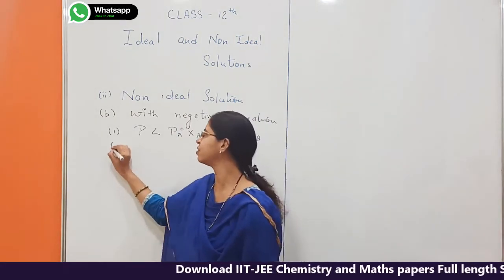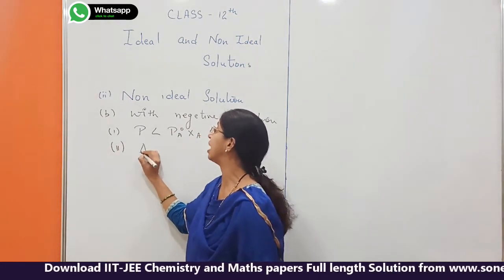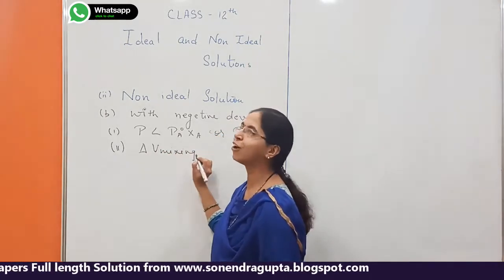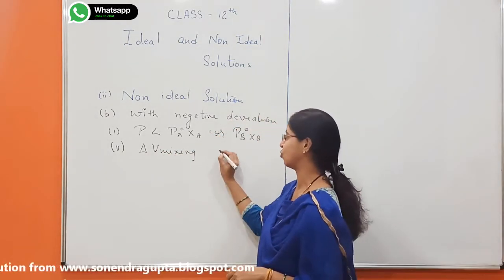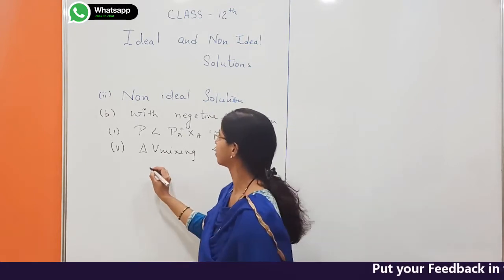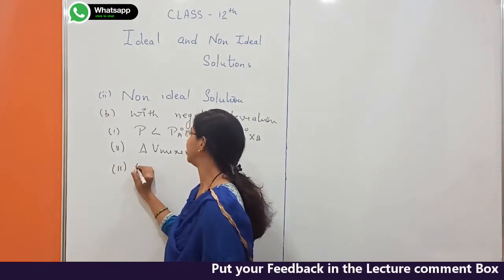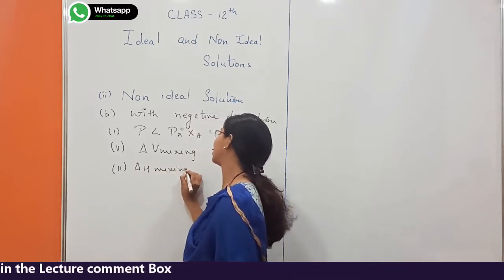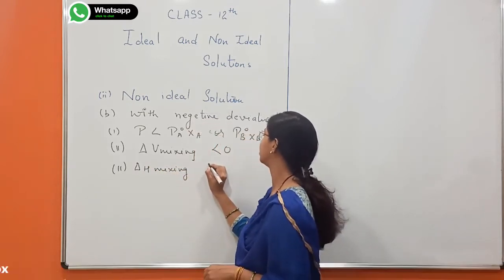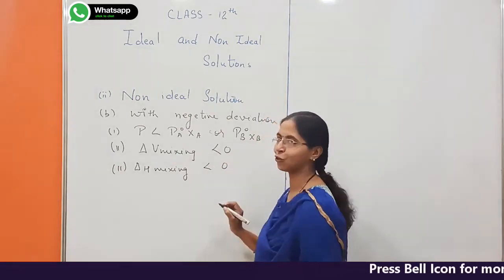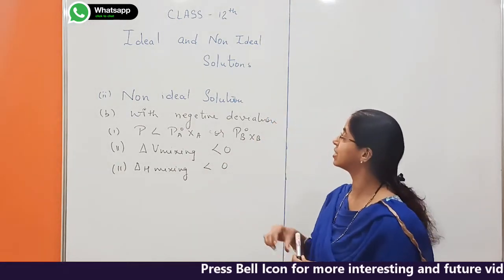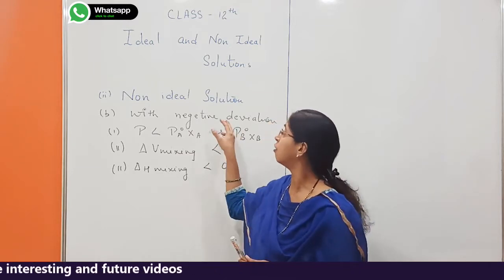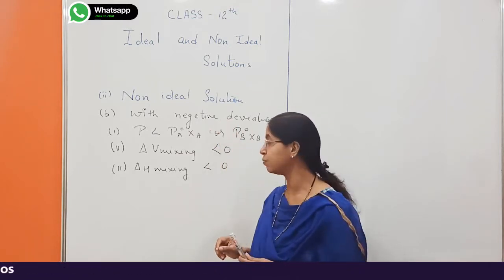Second condition, delta V mixing is always less than 0. Third, delta H mixing is always less than 0. So that is exactly the opposite of the positive deviation.